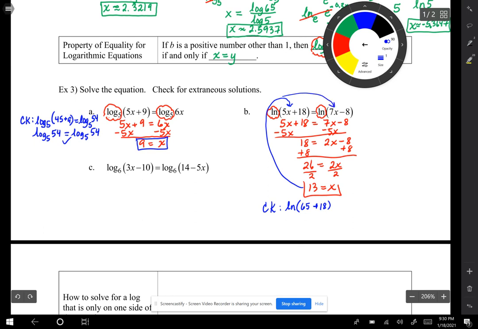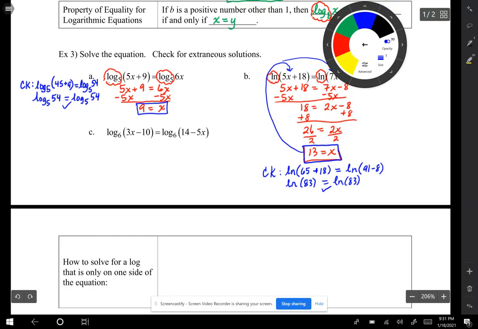So wherever you see an x, replace it with 13. Equals natural log of 7 times 13 is 91, minus 8. So 65 plus 18 is 83, and here 91 minus 8 is 83. That checks because the left side is exactly identical to the right side. So this is the correct answer.